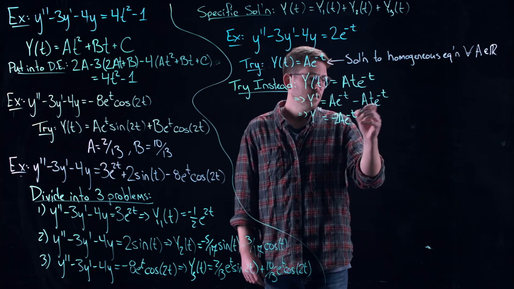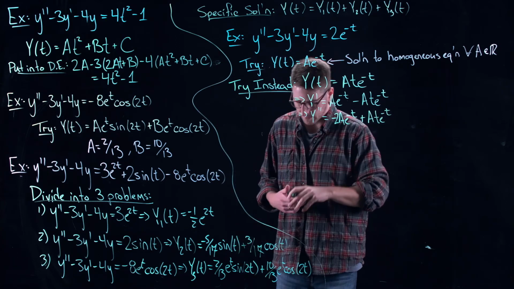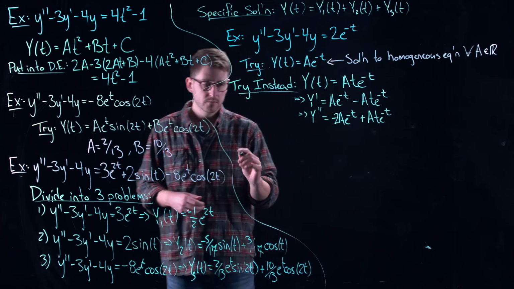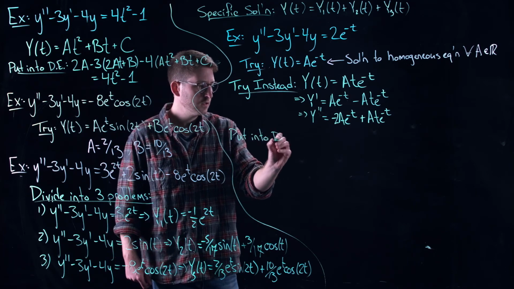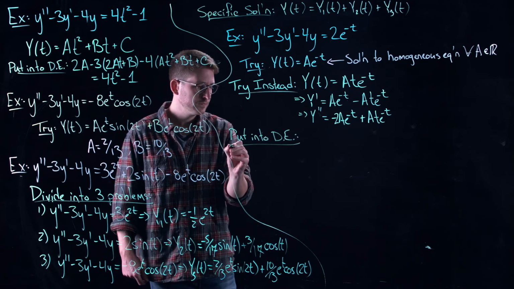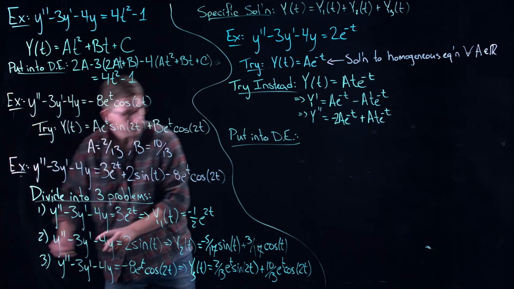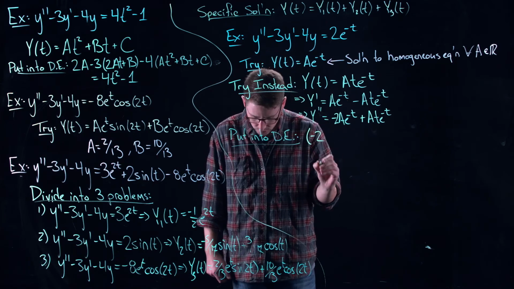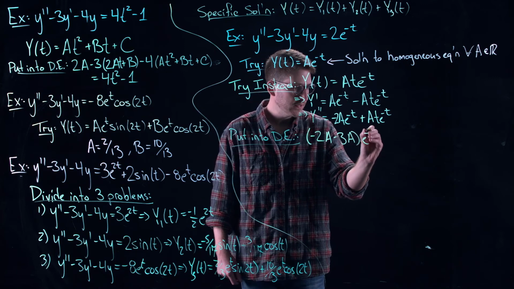And then I get plus a t e to the minus t. Now if I put these things into the differential equation and I collect up all my terms, well, you get minus 2a minus 3a e to the minus t.